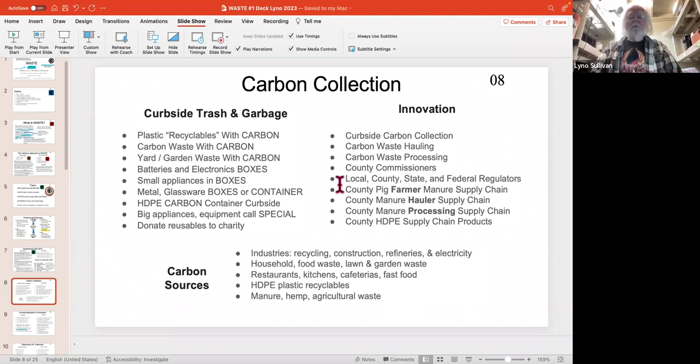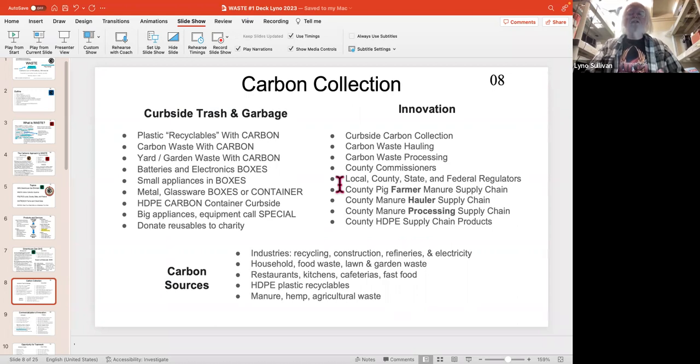And so that's our innovation. We're trying to put together a set of commissioners who will give us a carbon supply that we can process through our process. We put together a supply chain that begins with the farmers, the haulers, the processors, and then the HDPE supply chain products that we produce.